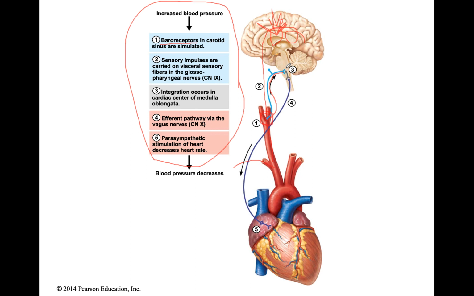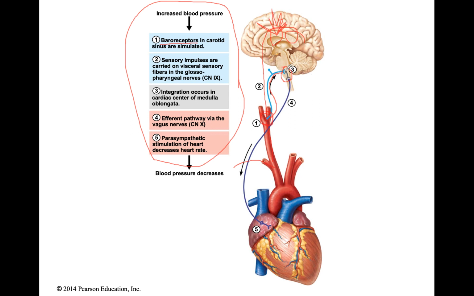In your brain, you're going to integrate that signal, and the brain's going to be like, you know what, that pressure is way too high. We need to find a way to ameliorate the situation, to make it better, to either lower pressure or somehow lower the amount of blood getting to the brain so that we don't have a situation like this.